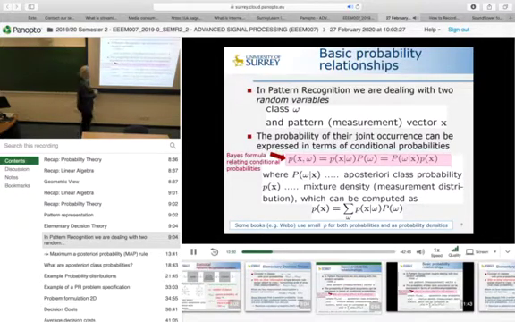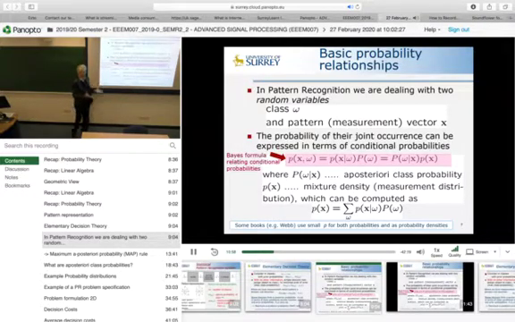This P of omega given X is sometimes known as the a posteriori class probability, or the posterior, depending on how your Latin is. And so the idea is that P of omega is the so-called prior probability.